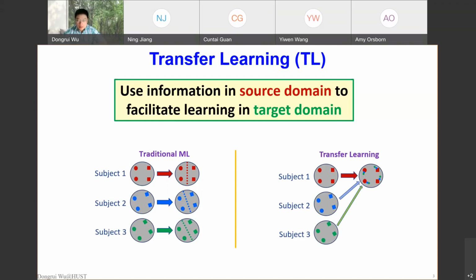So a simple approach to handle this problem is to add a smaller weight to data from subjects 2 and 3, and then combine them with data from subject 1. In this way, we have more training data for subject 1, and we can build a more reliable classifier. Then we can do this for subjects 2 and 3 in a similar way. Of course, what I just introduced is maybe one of the simplest transfer learning ideas. We can develop many more sophisticated transfer learning approaches.